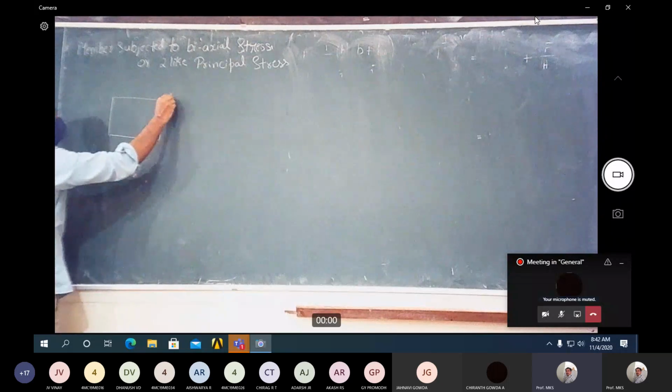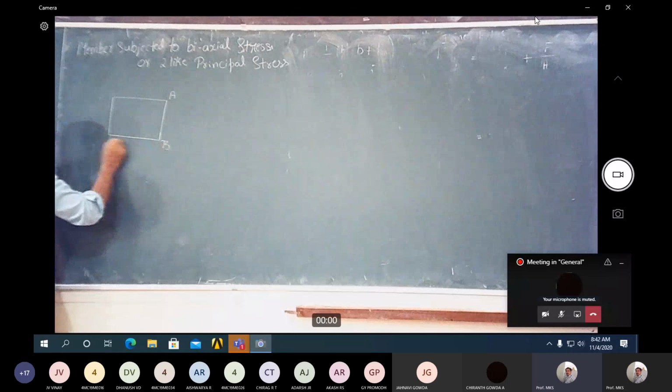So in the last class we had this sketch. The same sketch we'll be taking. We consider a plane in a cube of unit thickness, and let me call that plane ABCD.